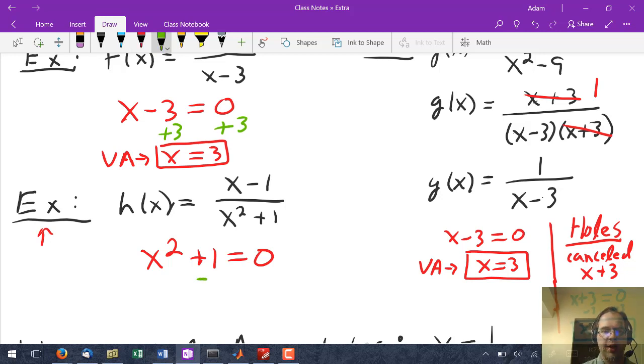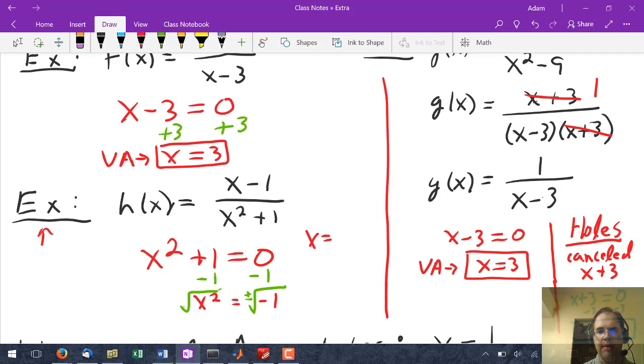Now we have it set to 0, subtract 1 from both sides, x squared equals -1. To solve this equation, we have to take the square root of both sides with a plus or minus square root. So we get x equal to plus or minus square root of -1. But that's not really going to solve too well for us in this case.